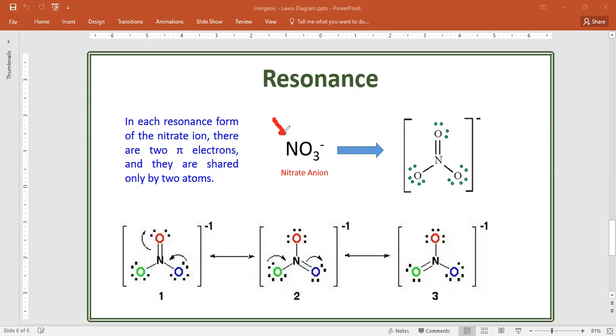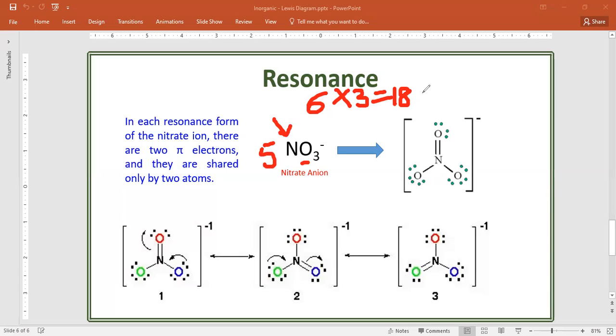Nitrogen has 5 valence electrons, and each oxygen has 6 valence electrons, so 6 into 3 oxygens, a total of 18 valence electrons for all 3 oxygens.